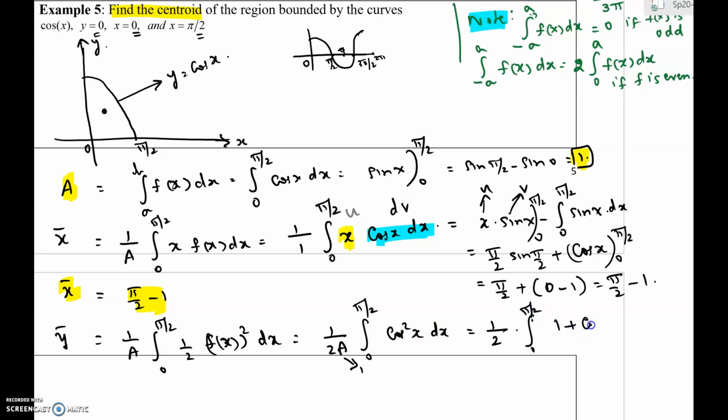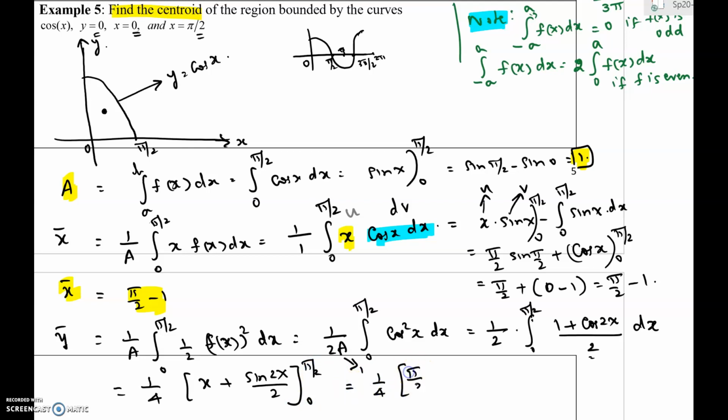Being a square, we have to use the double angle, 1 plus cosine 2x over 2 dx. Now it is 1/4 outside, and 1/2 can be pulled out. If you integrate, it is x plus sine of 2x over 2 between the limits 0 and pi by 2, which is 1/4 times pi by 2 plus sine 2 times pi by 2, that will be sine pi, which will be 0. The lower limit is equal to 0, so it is pi over 8. So the y component of the centroid is pi over 8.